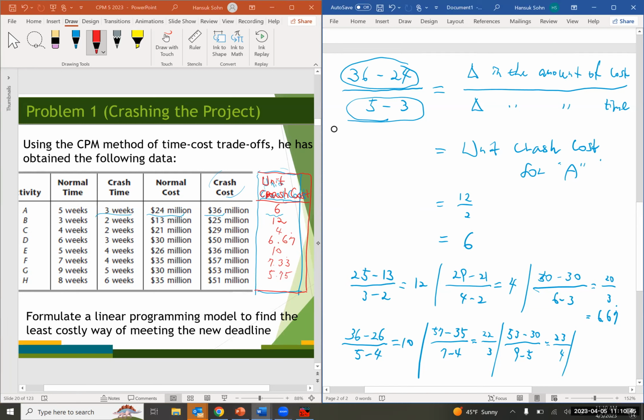Lastly, H, that's gonna be 51 minus 35 over 8 minus 6. How much is that? That's 8 for H. So we're gonna use this unit crash cost as the objective coefficient values for our LP model, right?